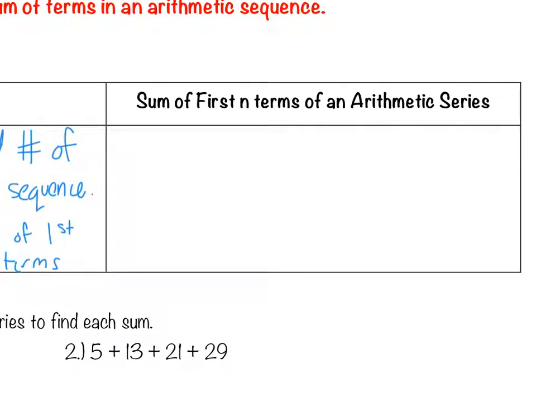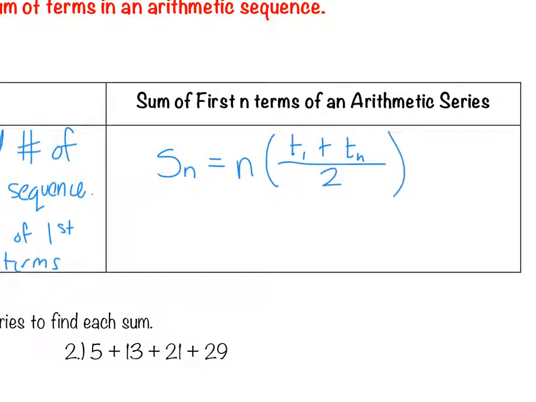The sum of the first n terms of an arithmetic series follows the formula S of n equals n times (t1 plus t of n) over 2.